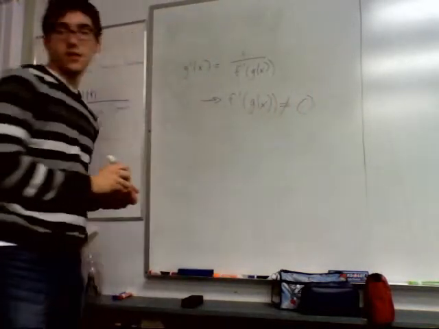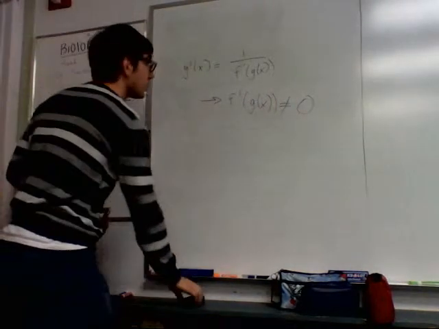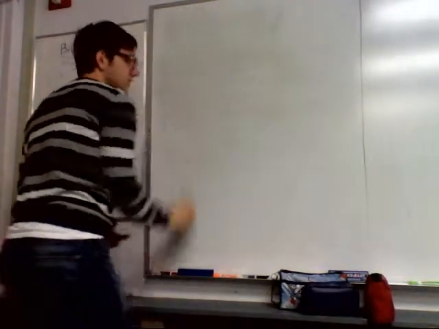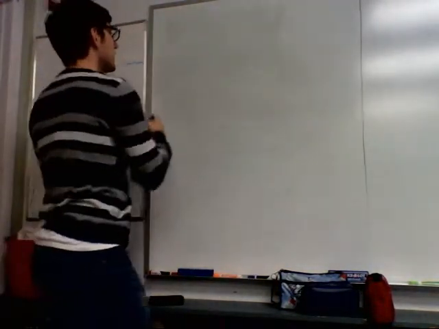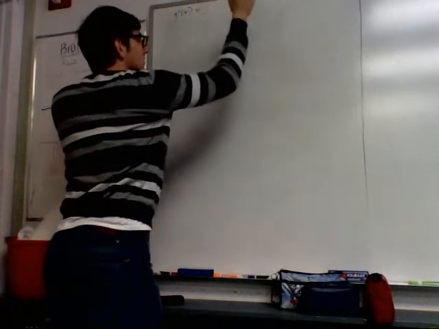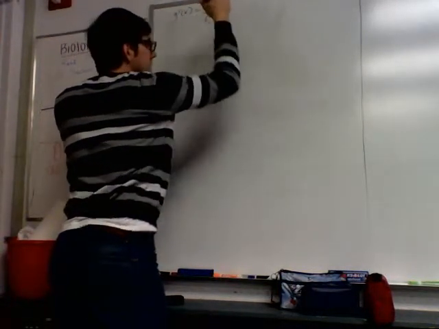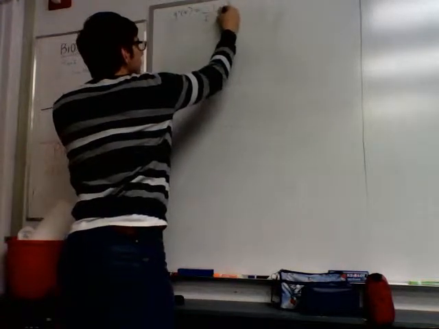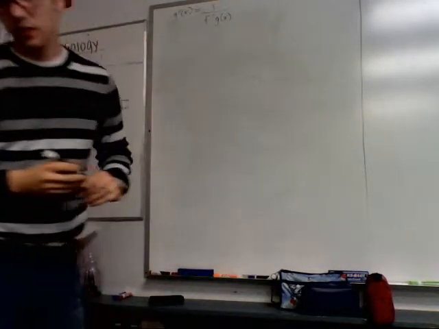Okay, so that's kind of the proof they talk about in theorem 5.9. Okay, so let's just write that up at the top so we can remember it. 1 over f prime g of x. Okay.